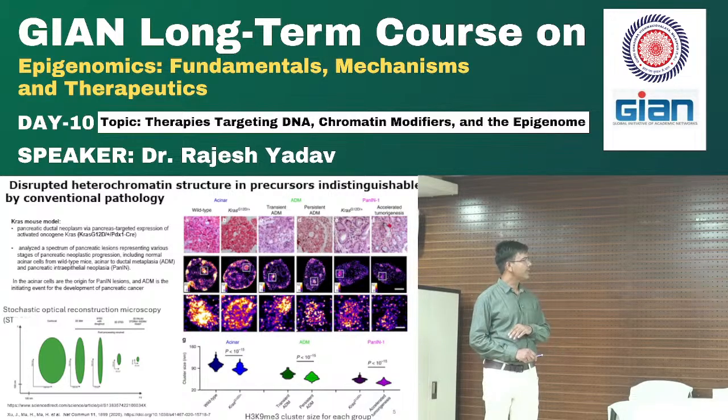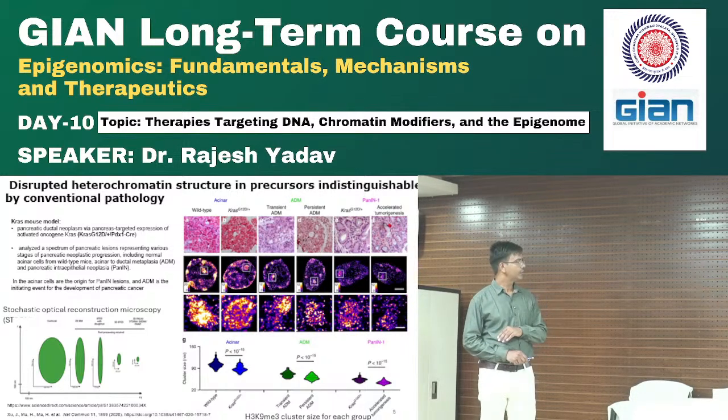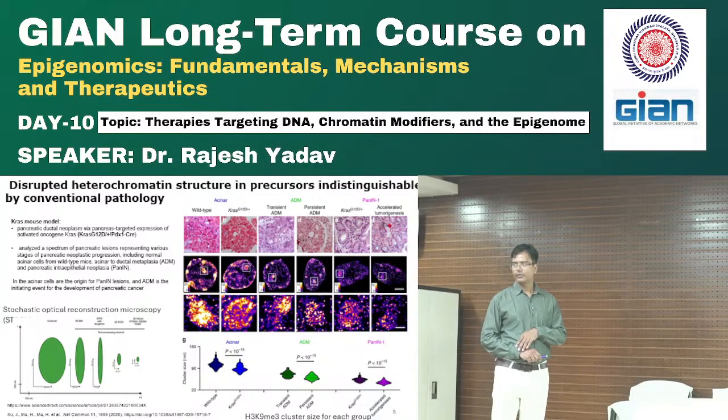The box has been drawn to amplify this, but you can see in the periphery it is there, right? The brighter it is, the more H3K9 trimethylation is there. So it is in the periphery, right? Yes. In the periphery it is also there, which is very less here.